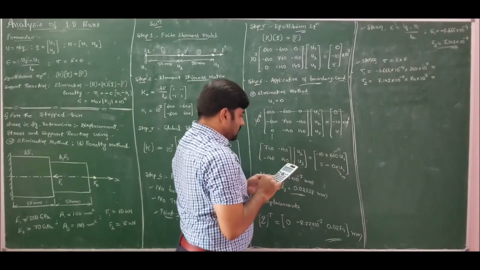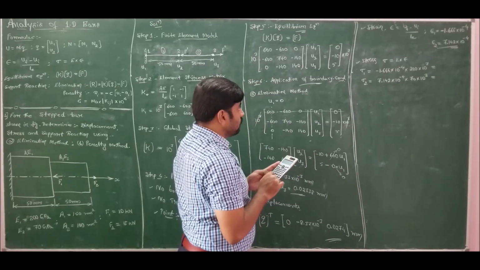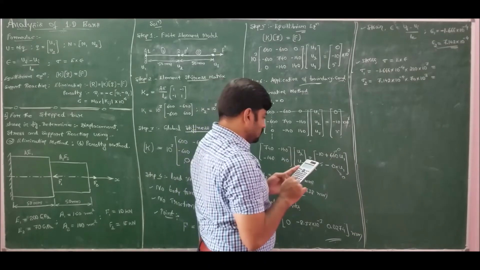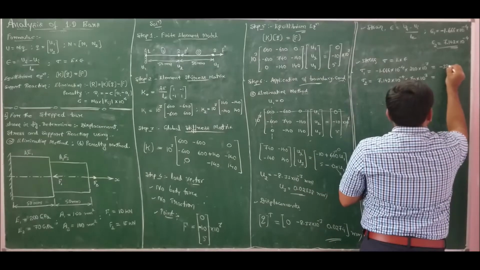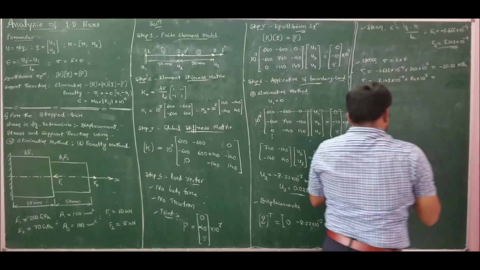So I will get the answer as minus 1.666 into 10 to the power of minus 4 into 200 into 10 to the power of 3, which is nothing but minus 33.32 megapascals.